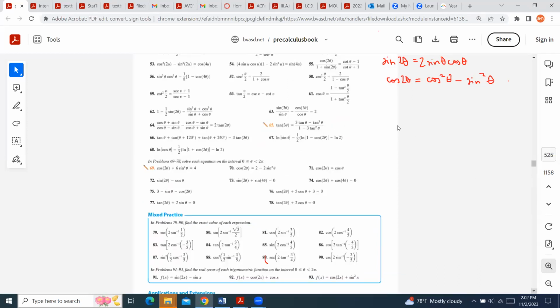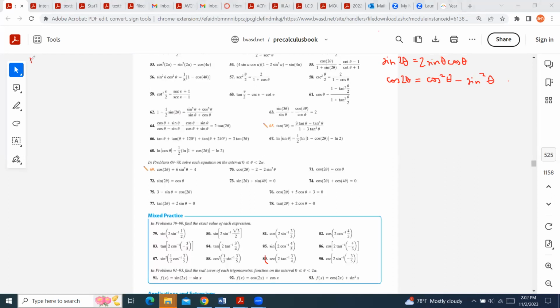So let me do exercise 69, recommended in this section, that wants us to solve an equation that says cosine of a double angle and also 6 sine squared, and this is equal to 4.